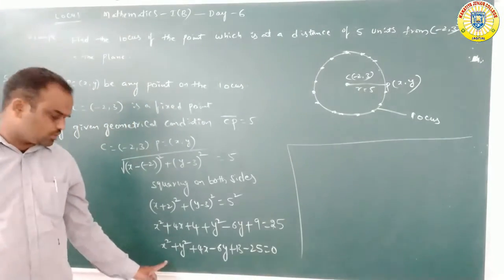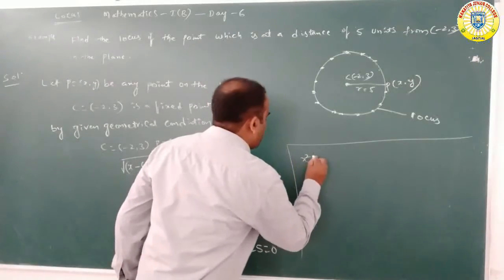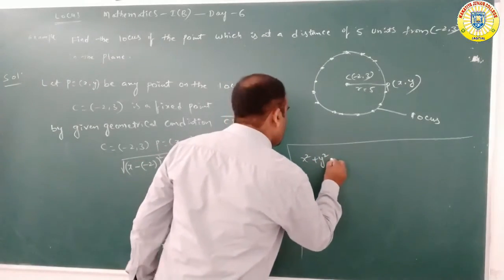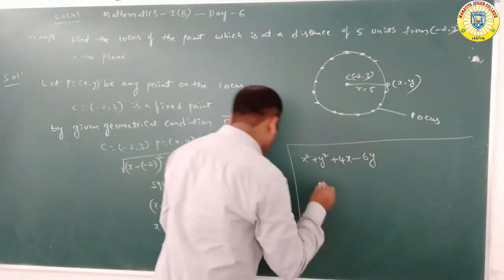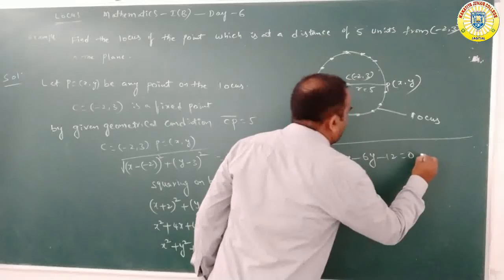So x square plus y square plus 4x minus 6y minus 12 equal to 0.